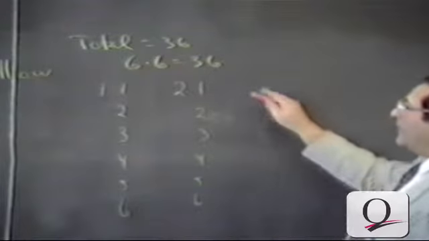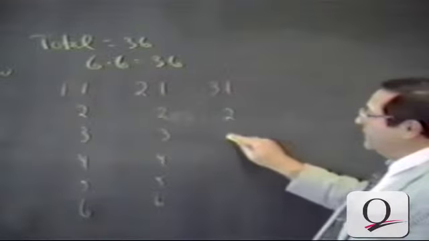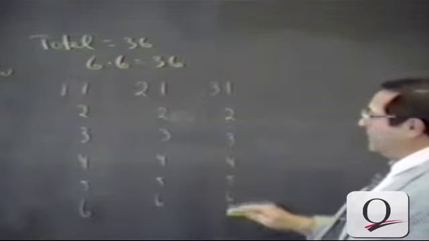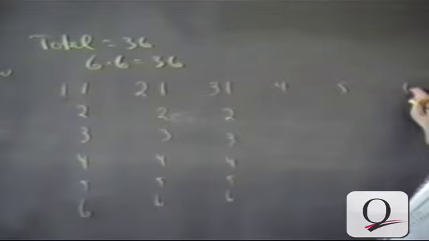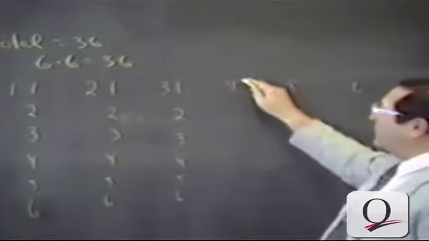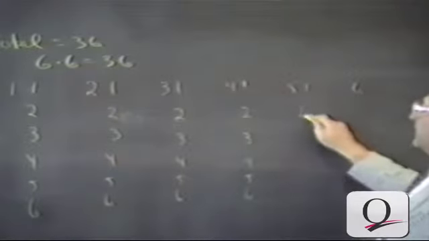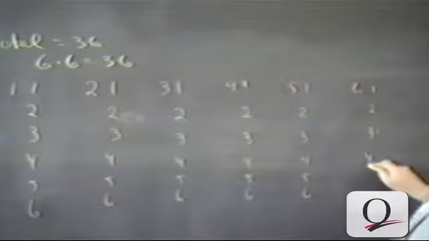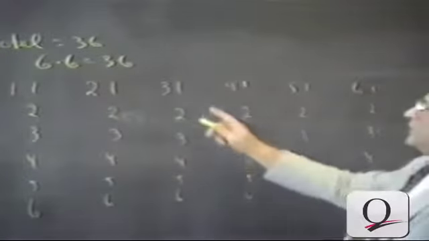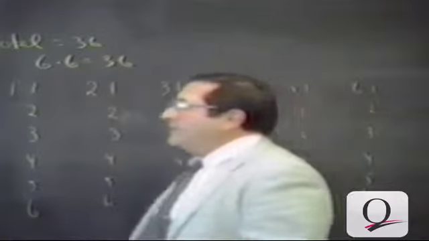You get a number 3 on the red die and any yellow. Number 4, 5, and 6, in which for each of these for the red, you have 6 possibilities for the yellow. It's like a multiplication table. You have 6 and 6, 36 ways to do it all together. Okay?